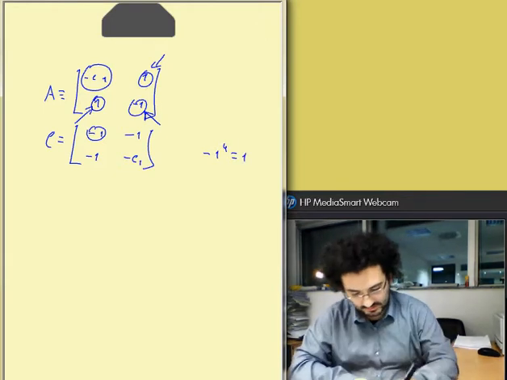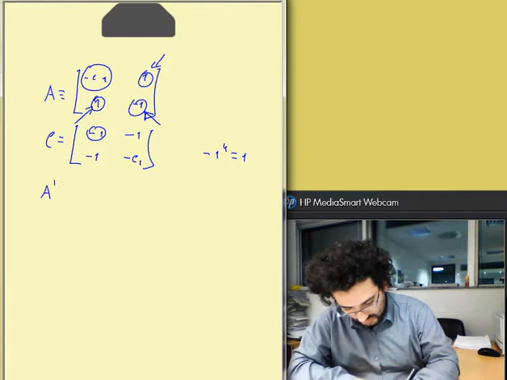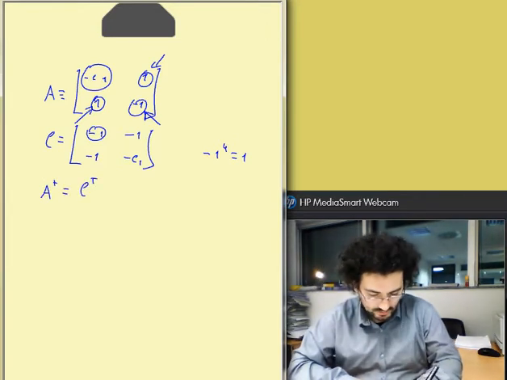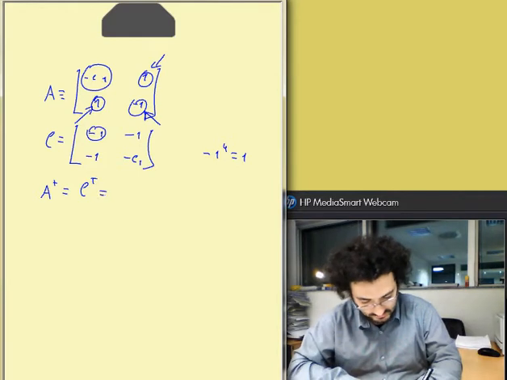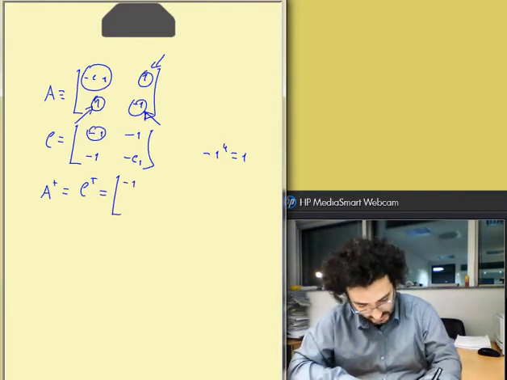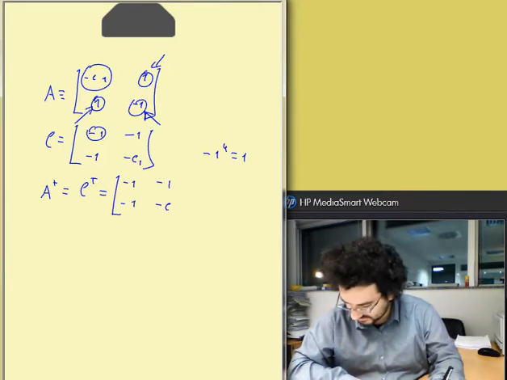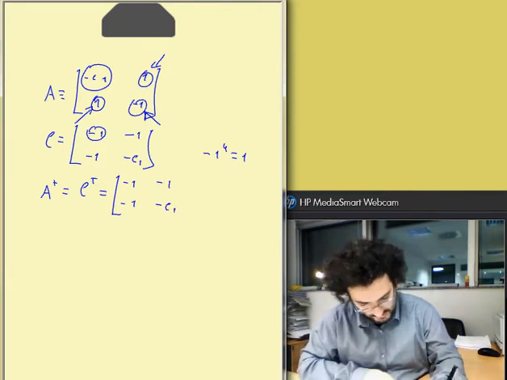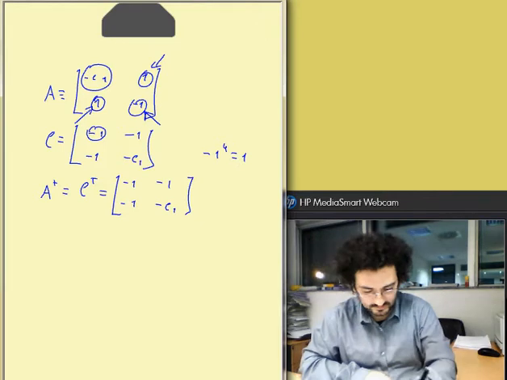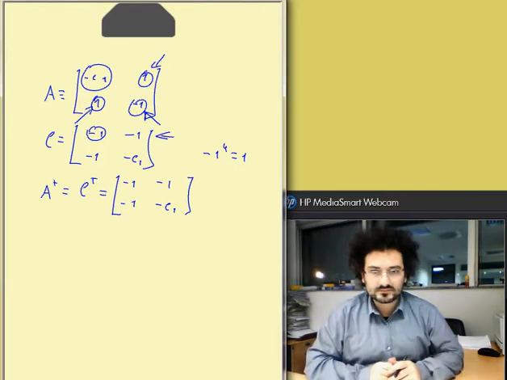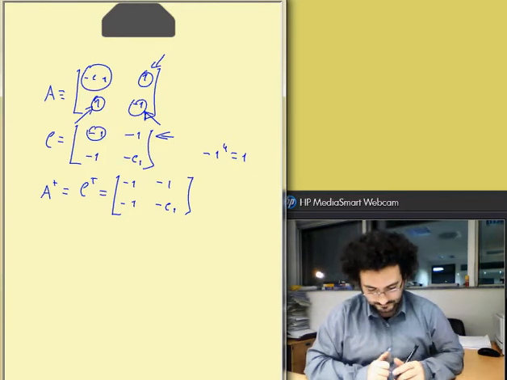Now we need to consider the so-called adjoint matrix, which is given by the transpose of the matrix of cofactors. This is the adjoint matrix. The first row becomes the first column, and the second row becomes the second column.